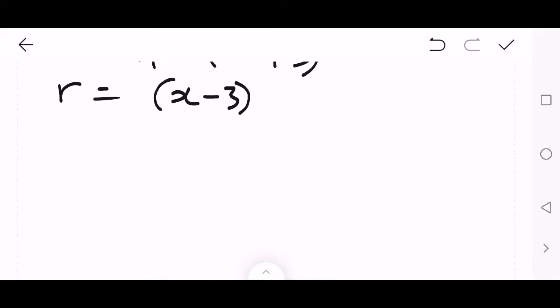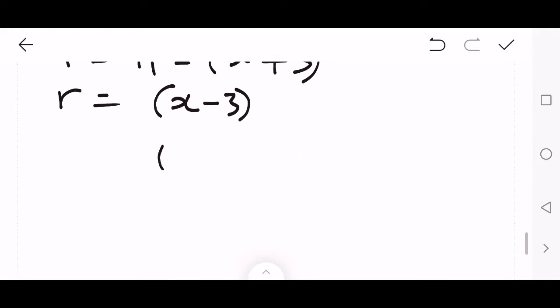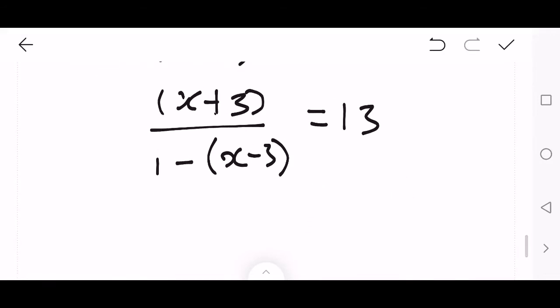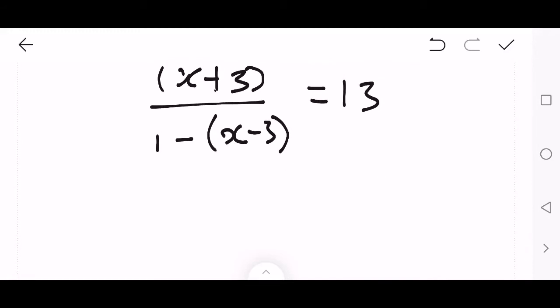So we have a, which is x plus 3, over 1 minus x minus 3 equals 13. So now we should just find the value of x. So we have x plus 3 over minus x.